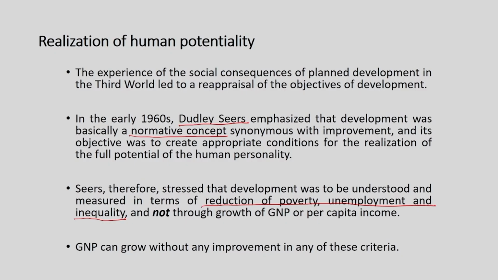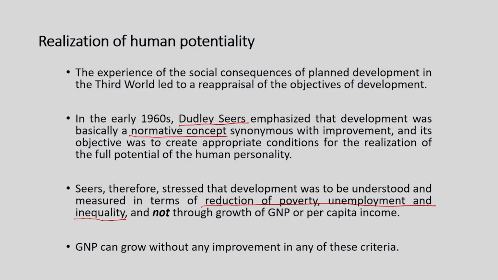You may have a rise in gross national product or per capita income, but if in your country poverty, unemployment and inequality have not been reduced, then that is not a developed country. Okay?